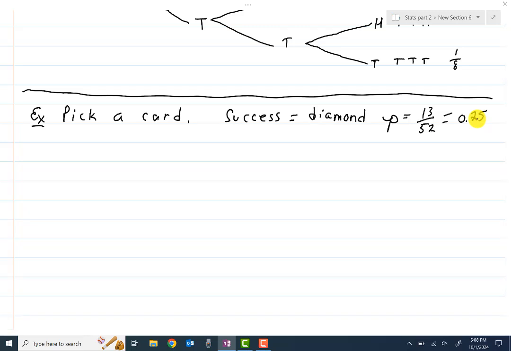What I would like to do is play this game, but put the card back each time. So we're going to pick a card repeatedly with replacement. Let's do 4 cards.